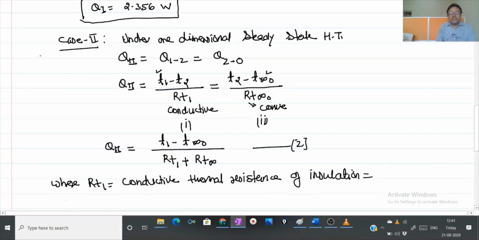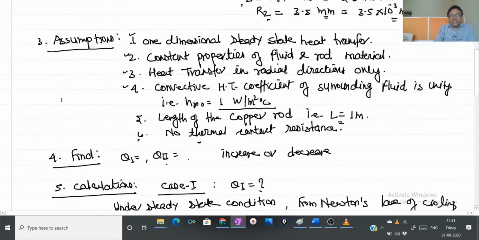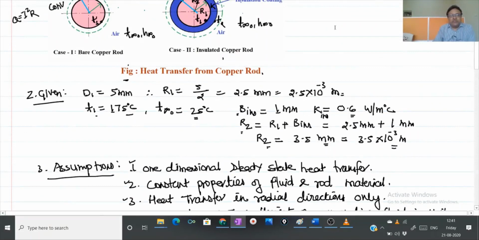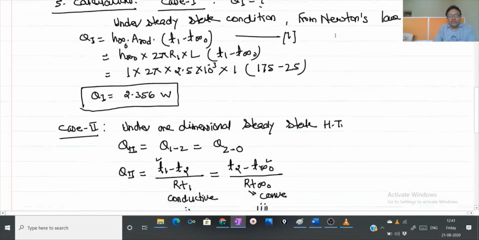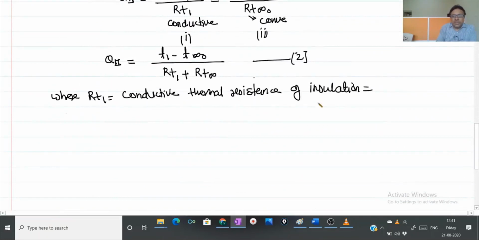And since the insulation is of cylindrical form, in the form of a cylindrical wall, from the heat transfer data book, I can get the expression for the conductive thermal resistance of this cylindrical insulation material as log of R2 over R1 divided by 2 pi KL.